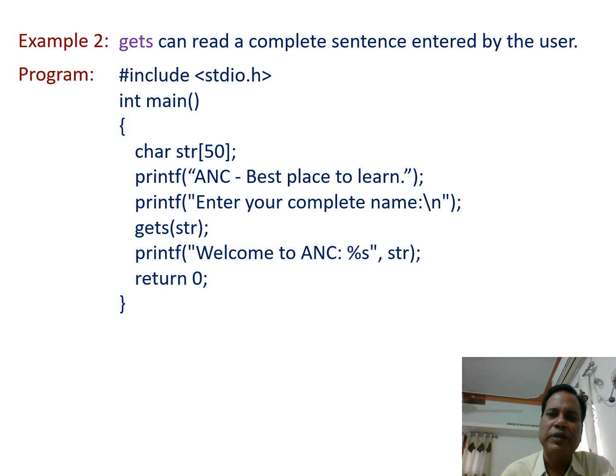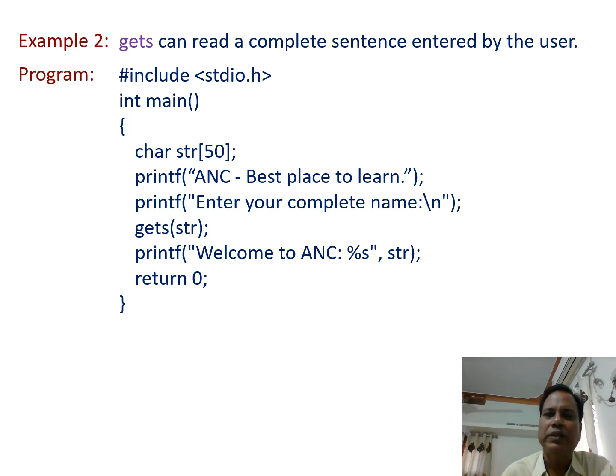This function takes what you have written on the screen, and it is stored in the string array or character array str. Then using the next printf statement, "Welcome to ANC", the content of the string array gets printed at this point.